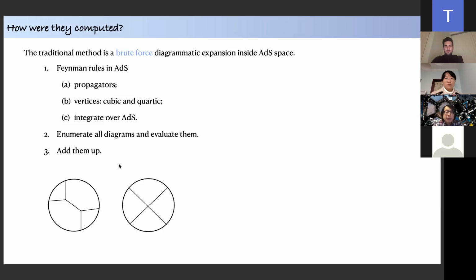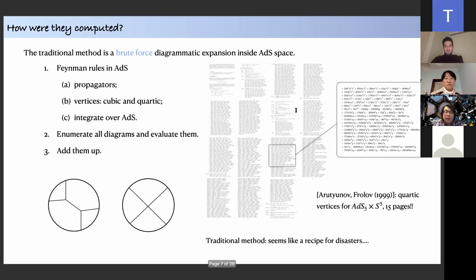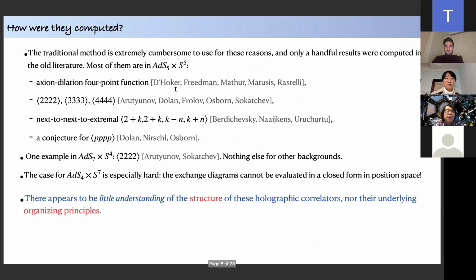This may seem very straightforward, but it's actually not. On the right, I'm showing you the inputs you need to do the calculation. This giant mess is all the quartic vertices for AdS5 times S5, which are needed for computing a generic 4-point function. And as you can see, it takes 15 pages. So this traditional approach is really a recipe for disaster.